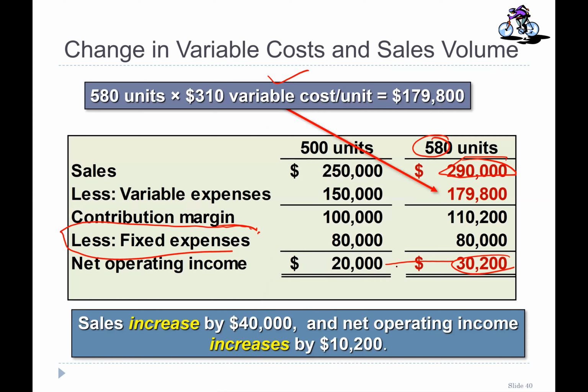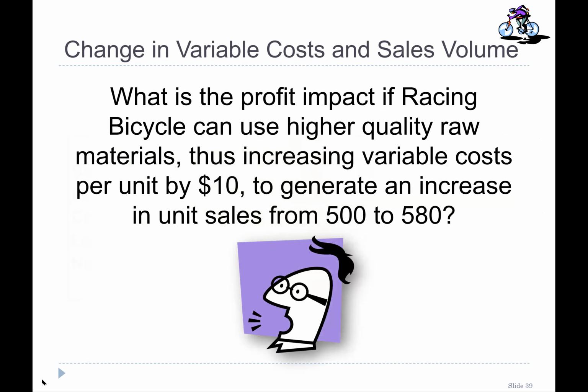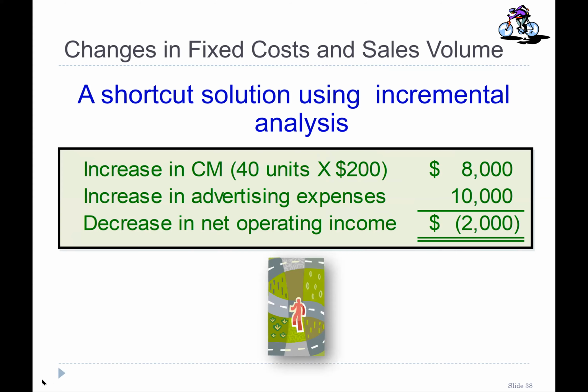You see here, our sales are increased by 40,000. A 40,000 increase in sales, leading us with 10,200 profit. So let's compare this with our previous solution when we changed the fixed cost here.